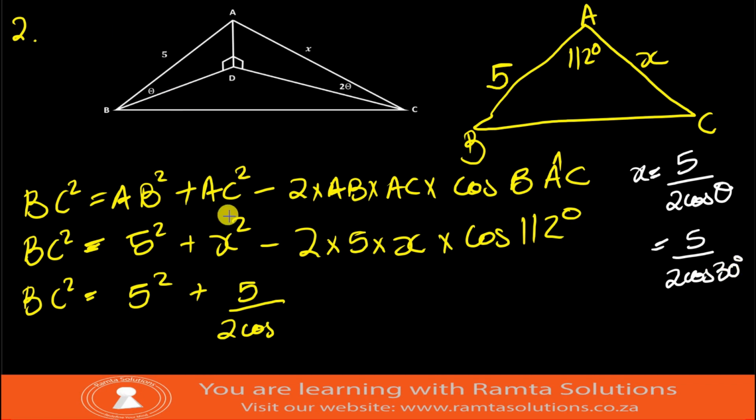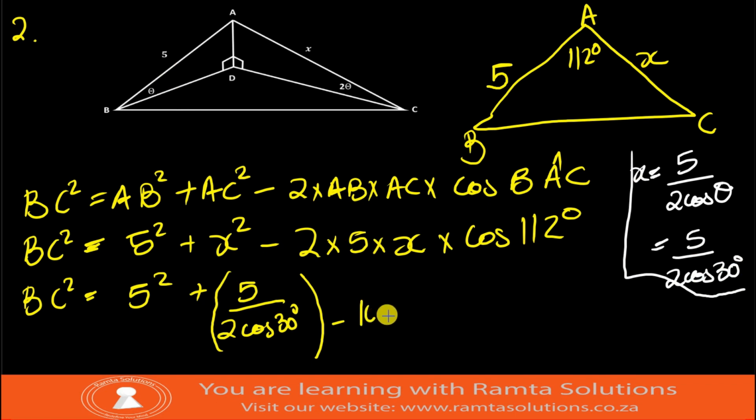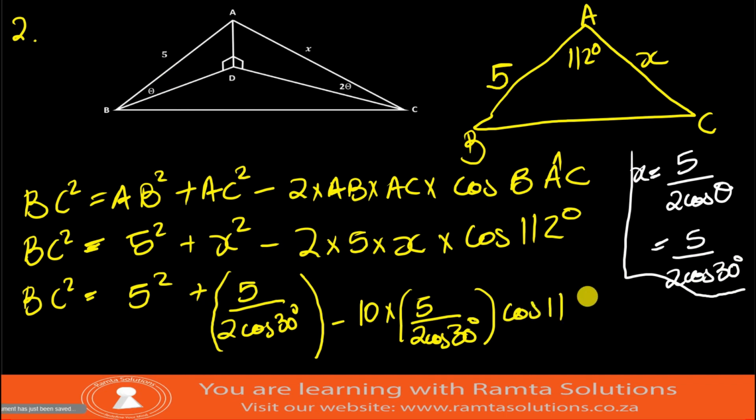So it'll be 5 over 2 cos 30 degrees, squared, don't forget it, minus 10 times 5 over 2 cos 30 degrees times cos 112 degrees.